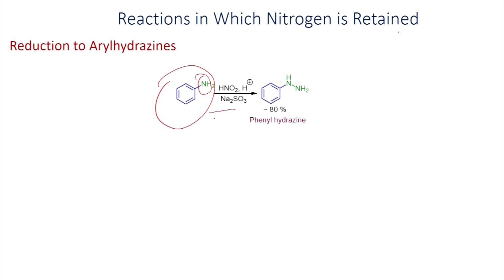For this example, if you look at the aniline, and when you react with the nitrous acid, you will be able to form the diazonium salt as we have seen earlier. Once you form the diazonium salt, now you have the sodium sulphide which can undergo addition reaction.